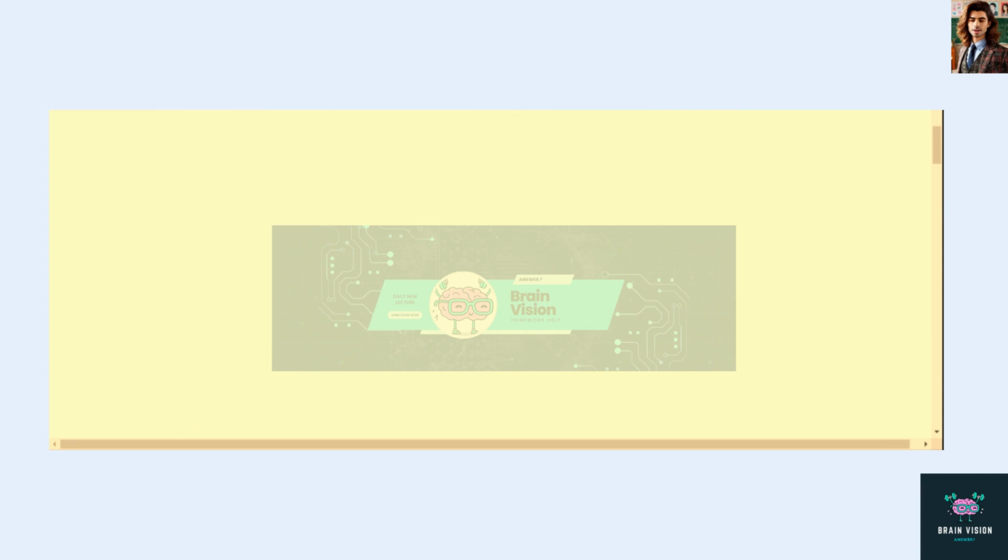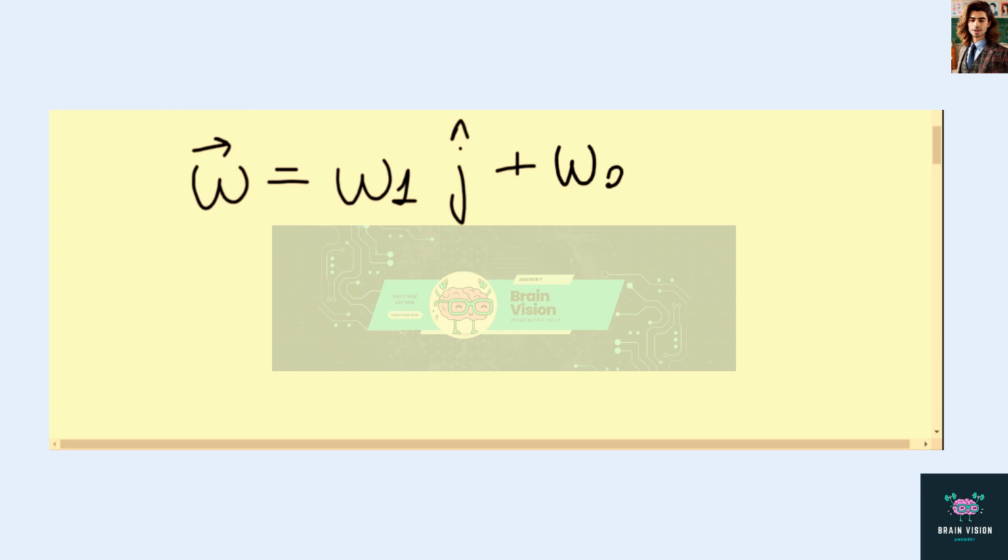For the second task, the linear velocity, we need the angular velocity, which, I hope it is obvious, is omega 1 j hat plus omega 2 k hat.